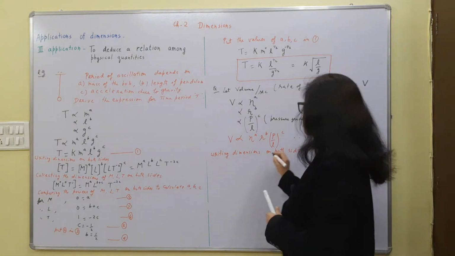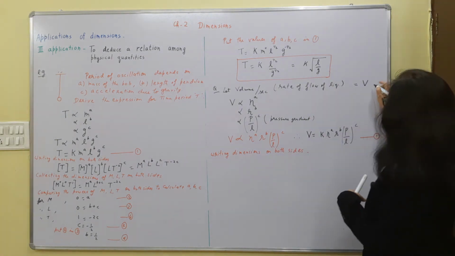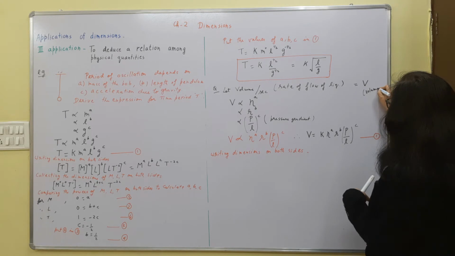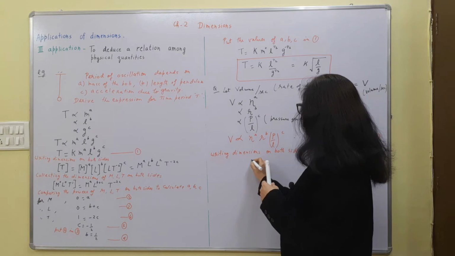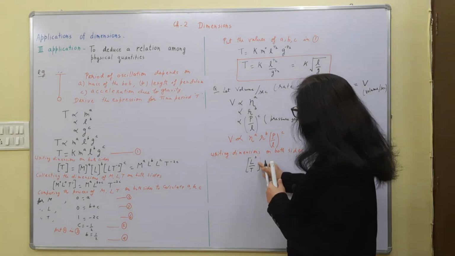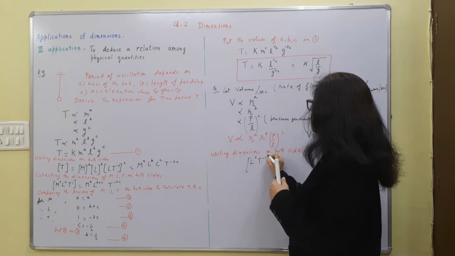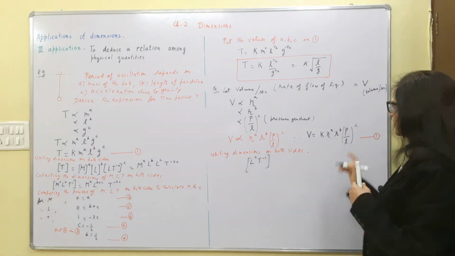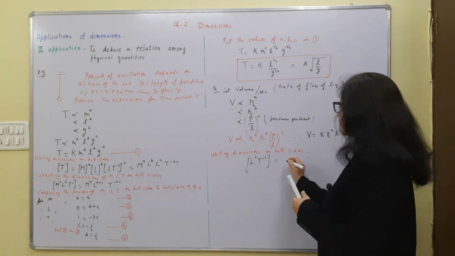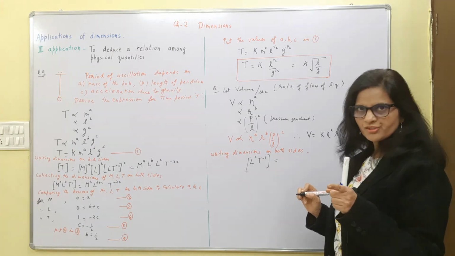So what will be its dimension? Volume is L cube and upon time. So this is actually volume per second. So while writing dimensions, you have to be careful that you have to write L to the power 3 upon time here, or directly you can write L to the power 3 t minus 1, right? On the right side there is no dimension for k, but for eta you know the dimensions for coefficient of viscosity, we had calculated.